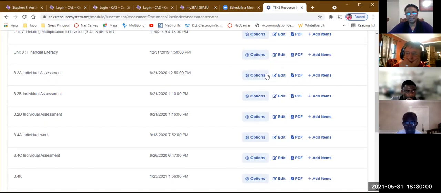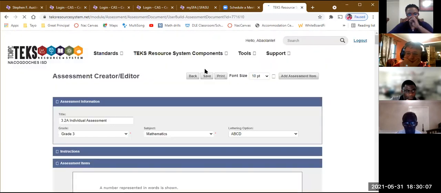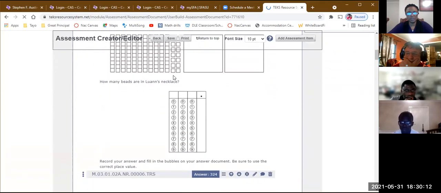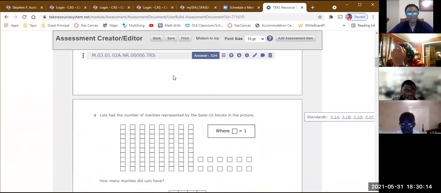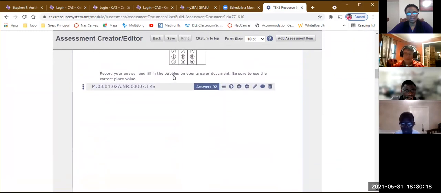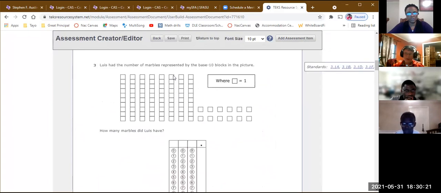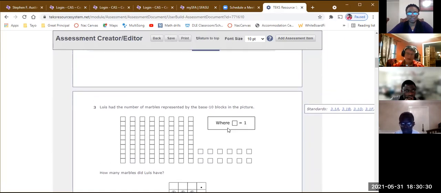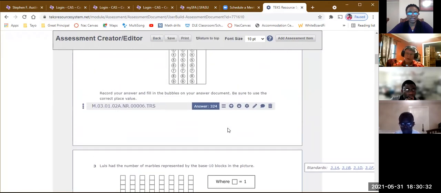So here are the ones that I have used in the past. See, these are how the questions are. These are how the students are assessed during STAAR. And they must be able to answer questions like this. You see the model that's being shown them, the tens and the ones. Those are some of the manipulatives that you will be using in the classroom for them.